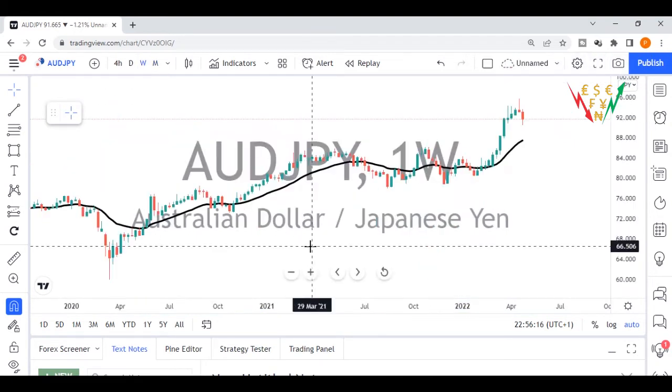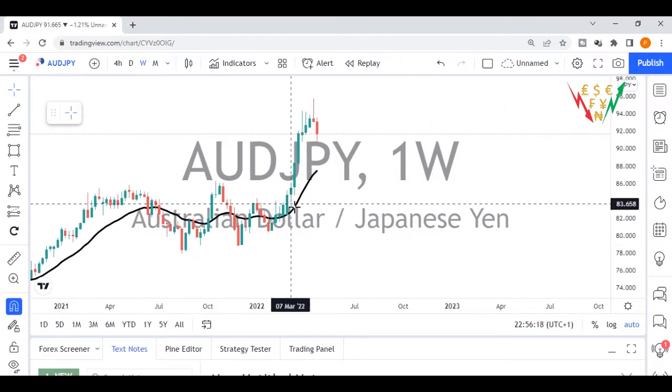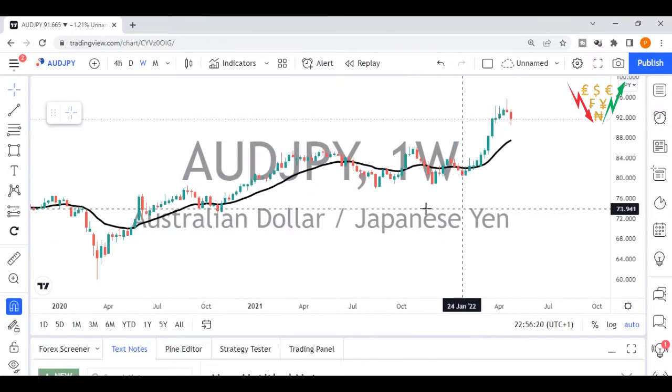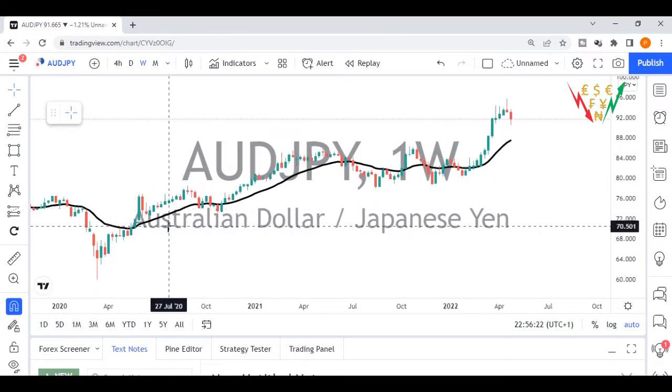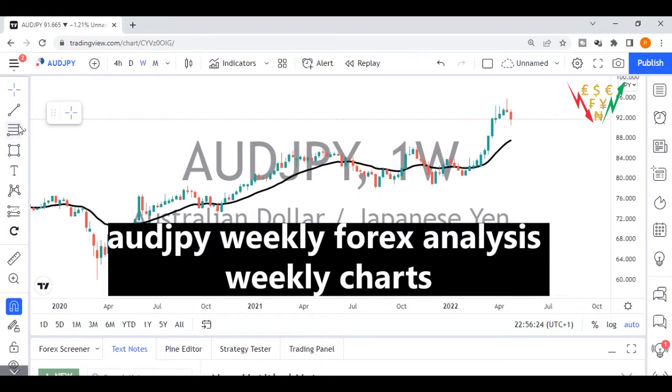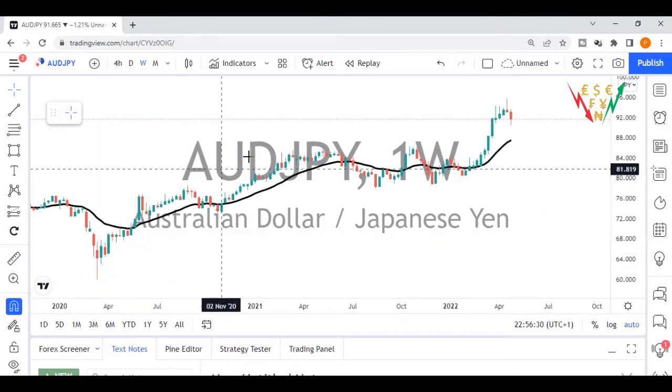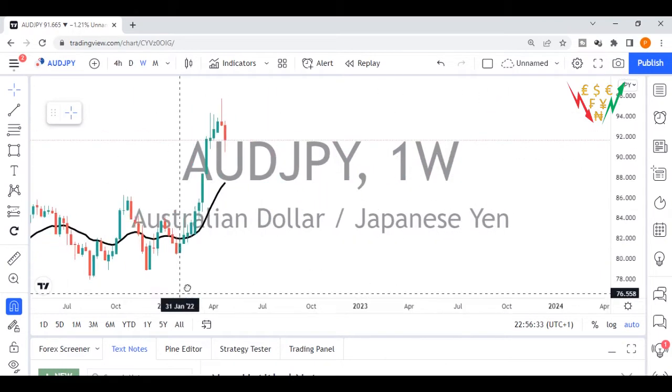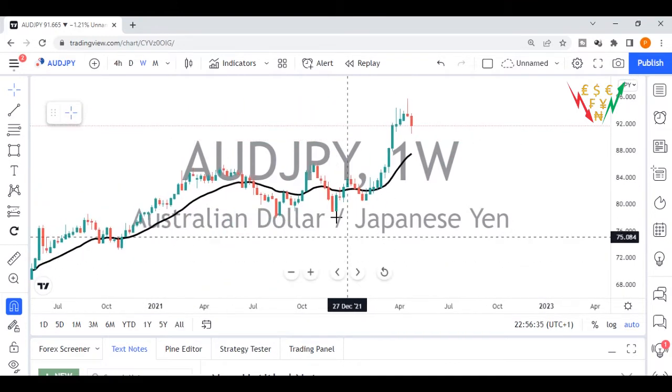So on the weekly chart of AUD/JPY, this is the price action technical detail that we see. Price has been in an obvious uptrend from this point right here to this present point. But this is what we noticed, just like in every other analysis.